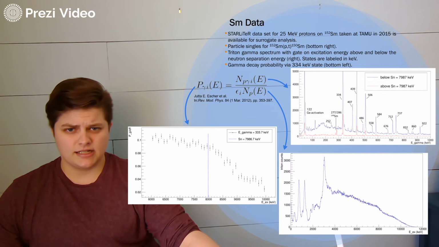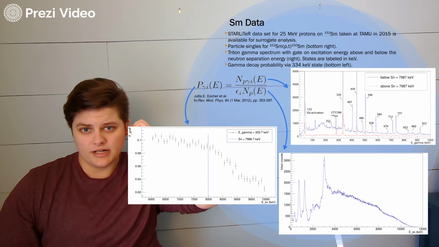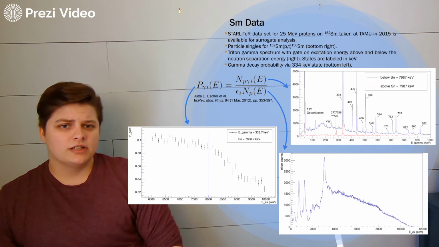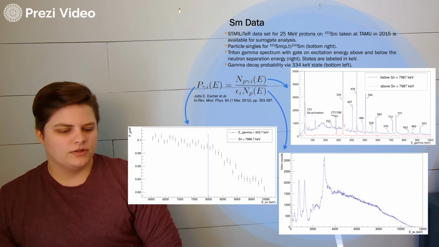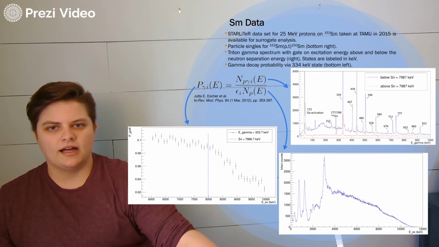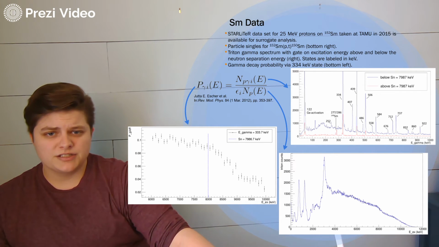So this is some samarium data that was taken with Starlighter, the predecessor to Hyperion, in 2015. It's available for surrogate analysis, so I've been developing my method with this. And I'll use it to show you the basic analysis process in order to obtain those gamma decay probabilities.